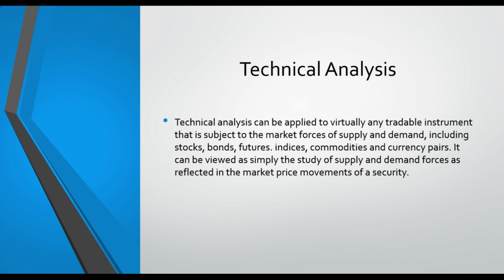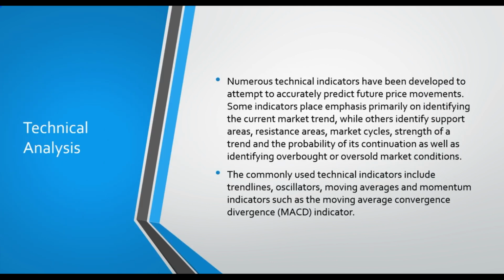Technical analysis can be applied to virtually any tradable instrument that is subject to market forces of supply and demand. Numerous technical indicators have been developed to attempt to accurately predict future price movements. Some indicators place emphasis primarily on identifying current market trends, while others identify support and resistance areas, market cycles, strength of trend, and the probability of continuation, as well as overbought and oversold indicators.